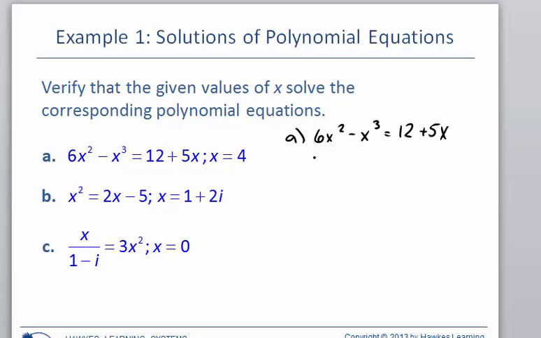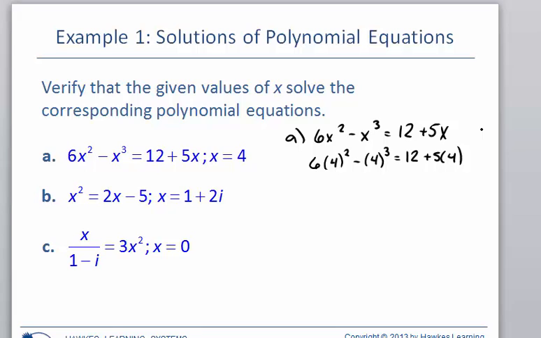So let's check and see. I'm going to say 6 times 4 squared minus 4 to the third is equal to 12 plus 5 times 4.